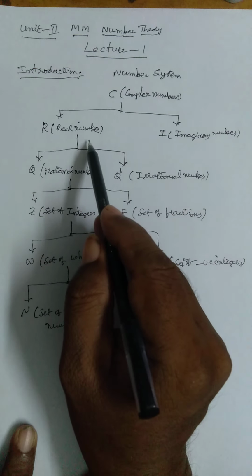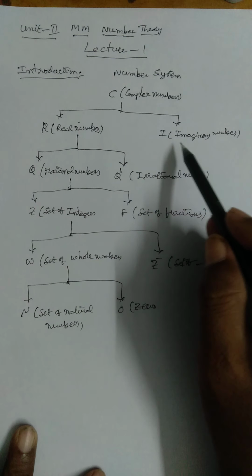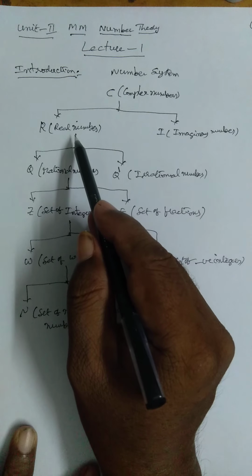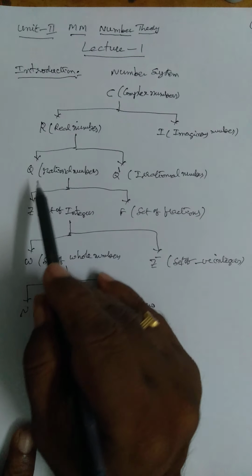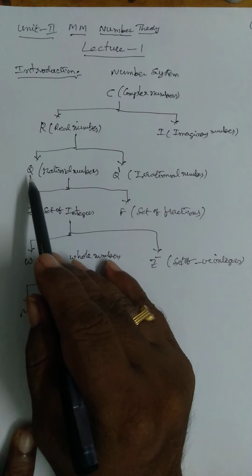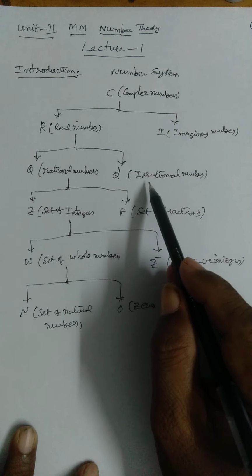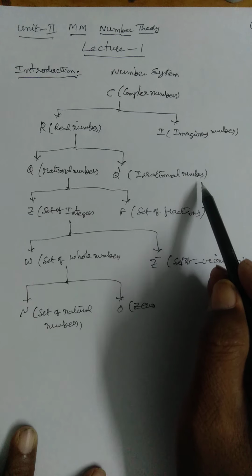R, set of real numbers. I, set of imaginary numbers. Real number set divided into two sets. Q, set of rational numbers. Q dash, set of irrational numbers.